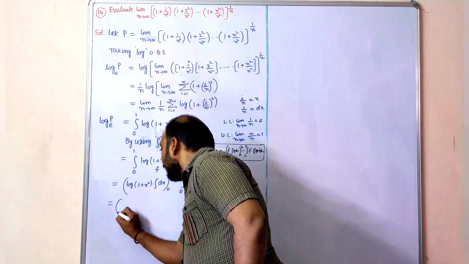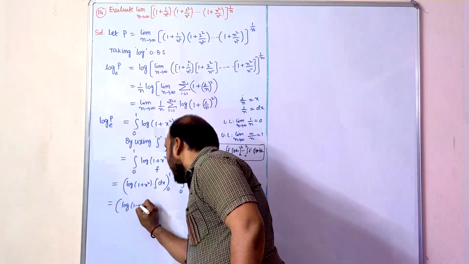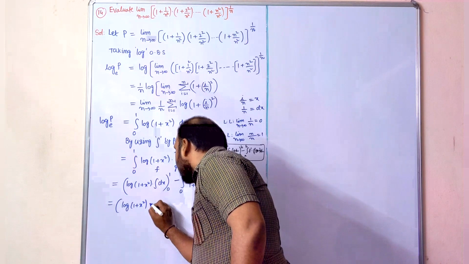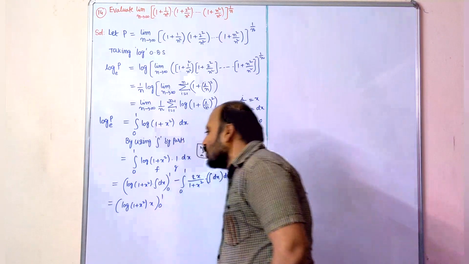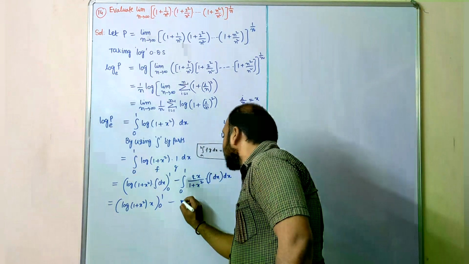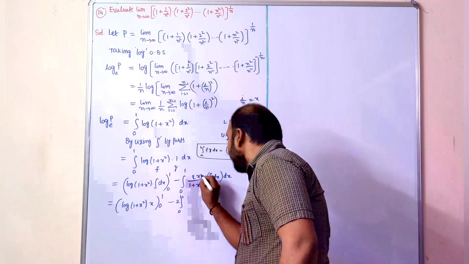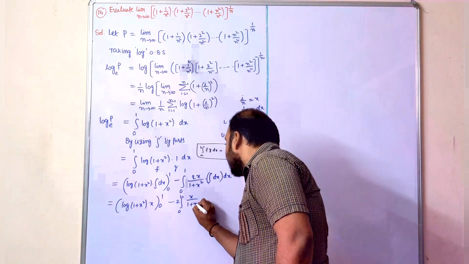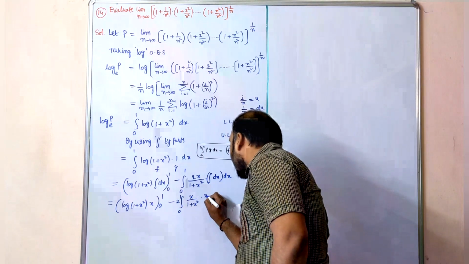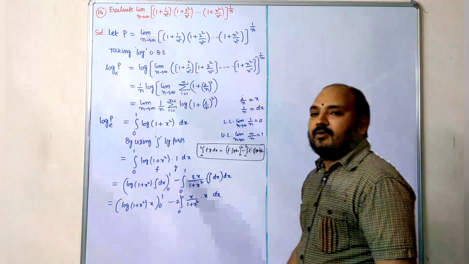So that is equal to log 1 plus x square, integral dx is x, applying the limit 0 to 1, minus integral 0 to 1, the constant 2 we can take aside, x by 1 plus x square into integral dx is x, whole dx.